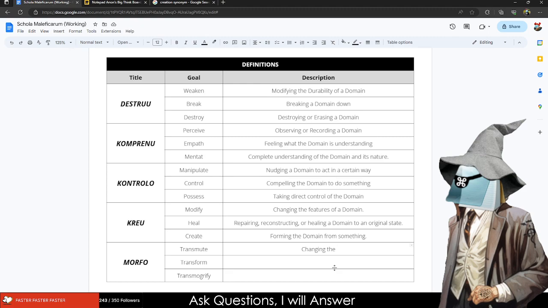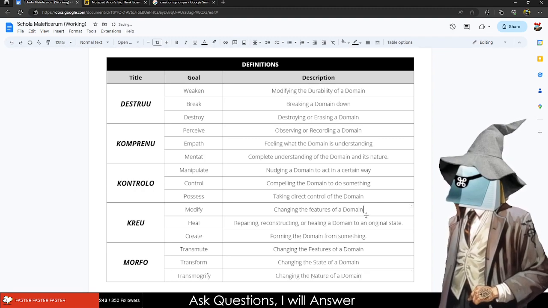Transmute is adjusting, changing the... actually changing the features, changing the state, changing the nature of a domain.